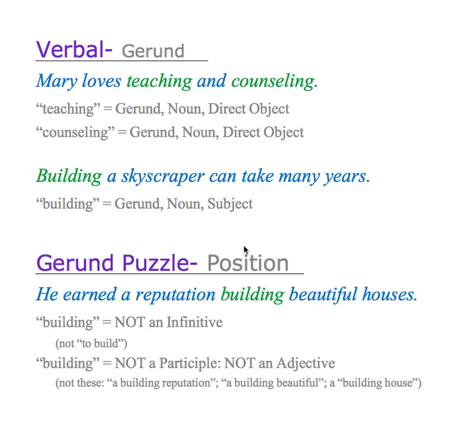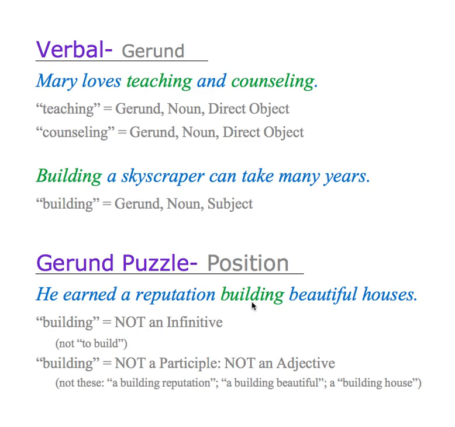What can be confusing about a gerund? Well, here's a sentence that I heard. He earned a reputation building beautiful houses. Okay, now here's the word building, and we see that building is not an infinitive. See, we're not using the verb form to build, so we know it's not an infinitive.